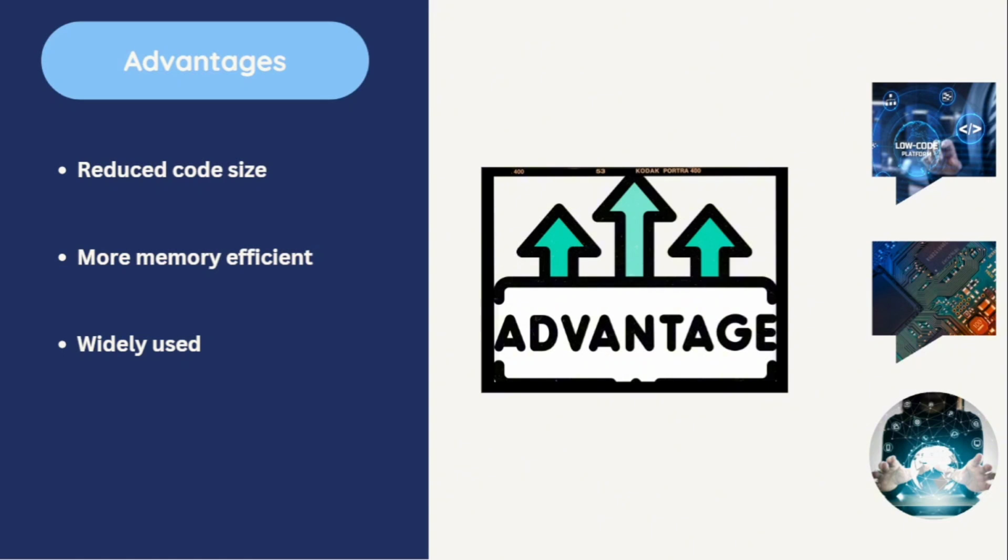Advantages of CISC: reduced code size. Complex instruction set architecture processors use complex instructions that can perform multiple operations, reducing the amount of code needed to perform a task. More memory efficient, because complex instructions require fewer instructions to perform complex tasks, which can result in more memory efficient code.